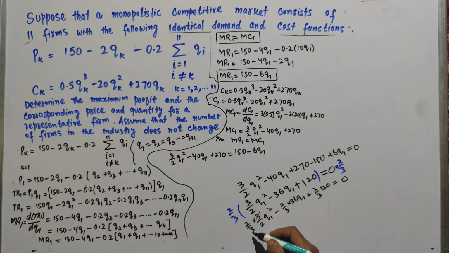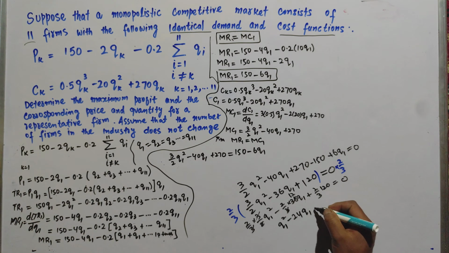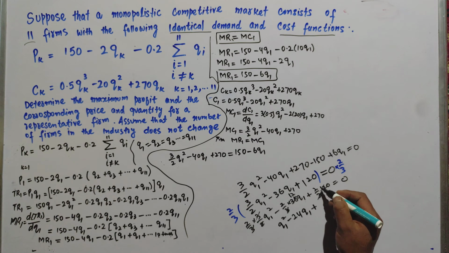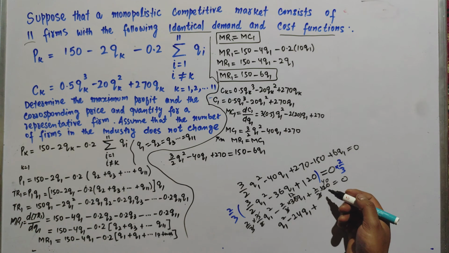So these terms get cancelled, and we are left with q1 square minus, here 3 1s are 3, 3 2s are 6, we get 24 q1, plus 3 4s are 12, 3 zeros are 0, 40 into 2, 4 2s are 8, it is equal to 80, and it is equal to 0.